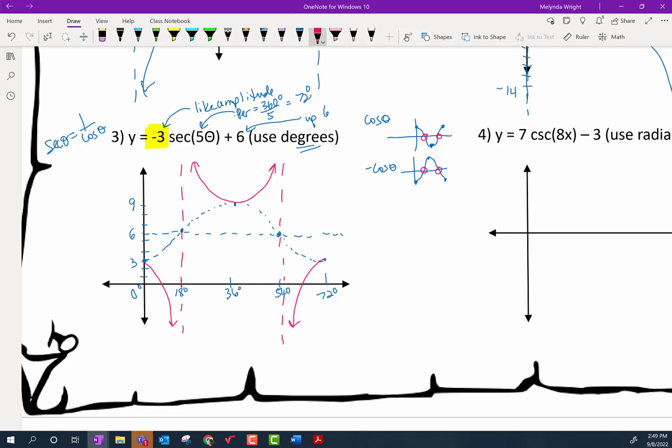Now I'm going to remind you that this graph would continue. So if the little half ones really bother you, you could do a whole one. You don't have to do a half one. And this likewise on the other side. It's just that you would be doing more than one cycle is all.